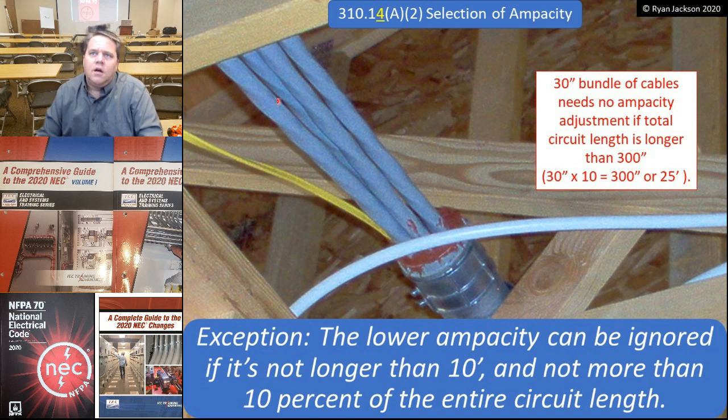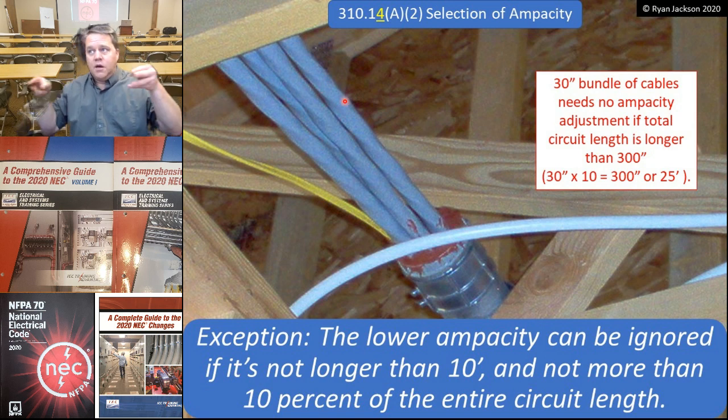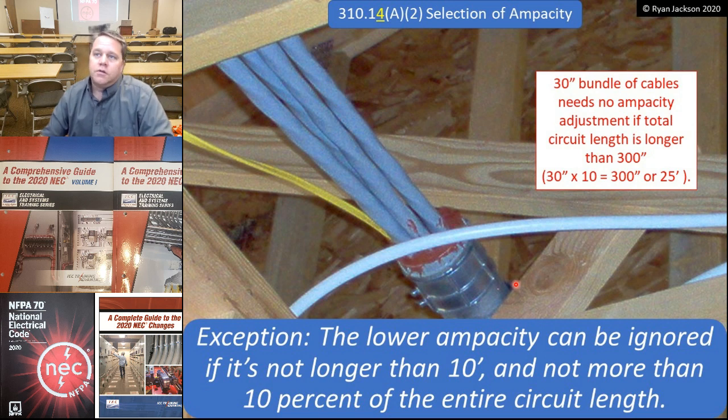It says, okay, going through this attic here, these cables are not bundled, they maintain spacing, but then they kind of bottleneck through this raceway that's like 30 inches long. Well, that's longer than 24 inches, so an ampacity adjustment would have to happen.